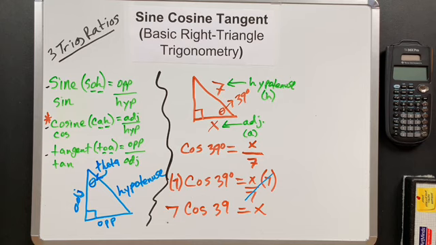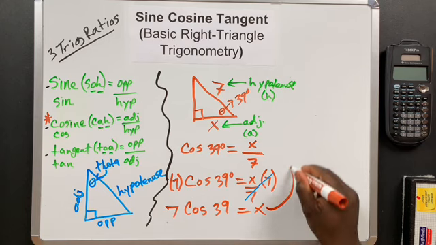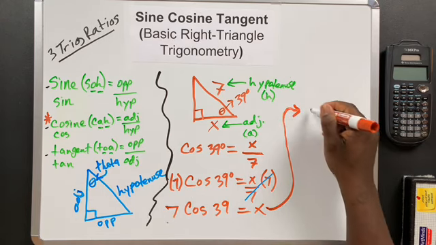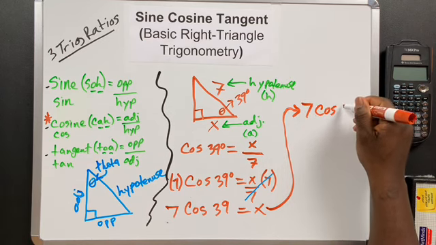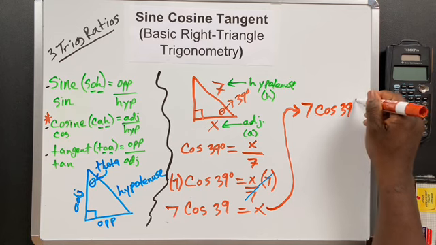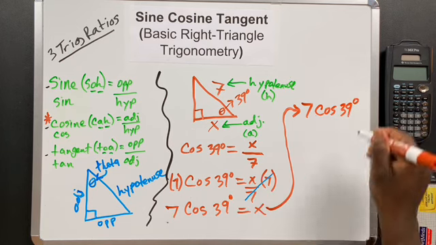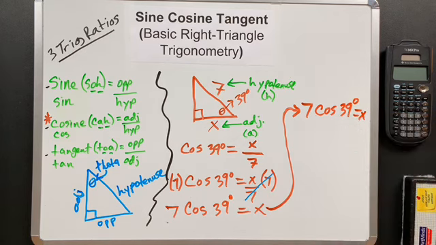All right? Very good. So I need a little space. I'm going to bring this over here and rewrite it. 7 times the cosine 39 degrees, put that degree symbol there, equals x.